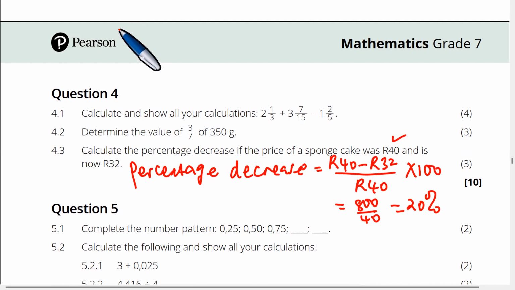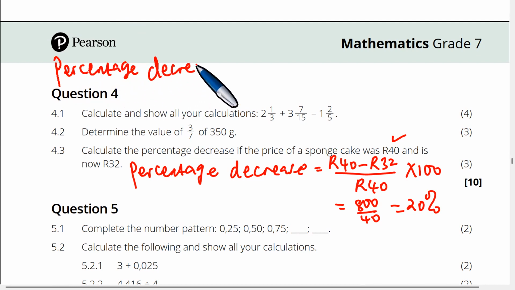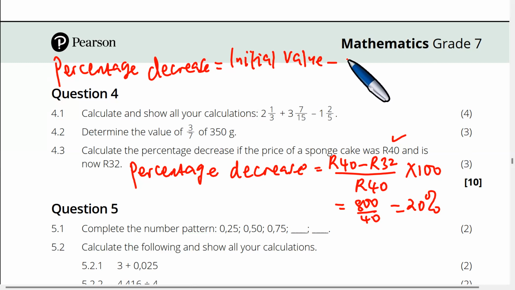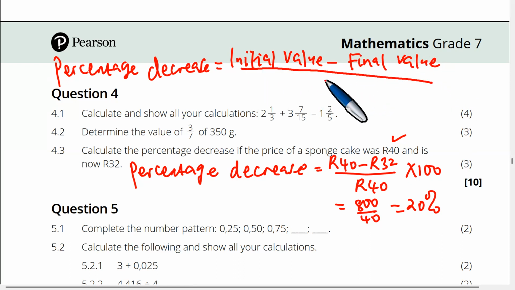In mathematics, we say that the percentage decrease is equal to the initial value minus the final value divided by the initial value.